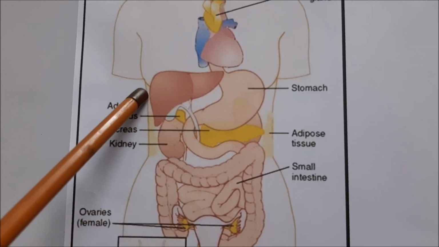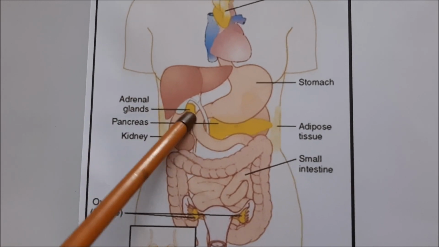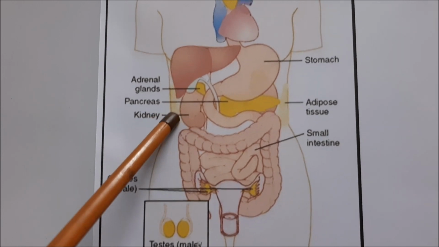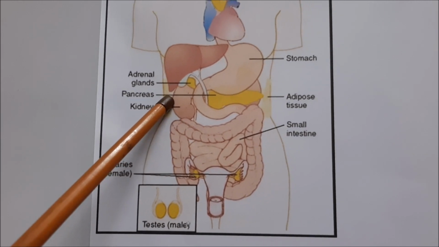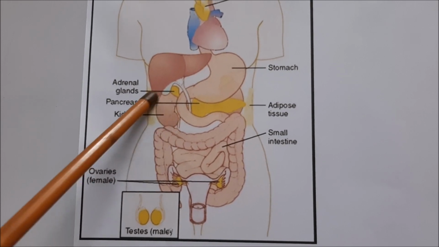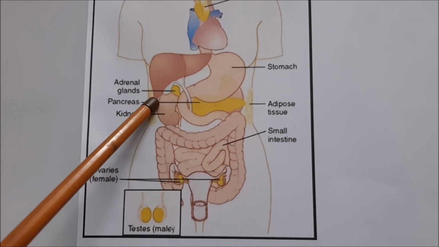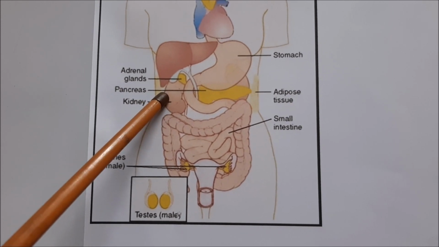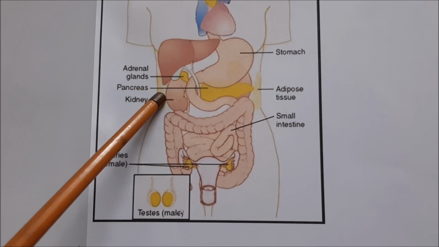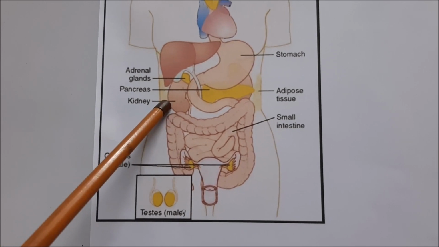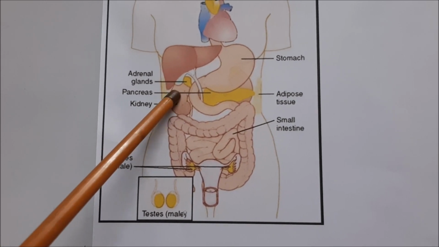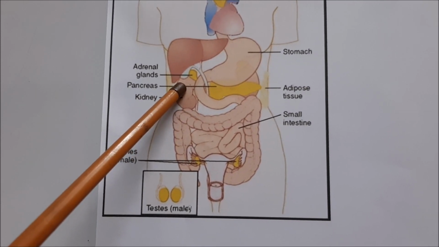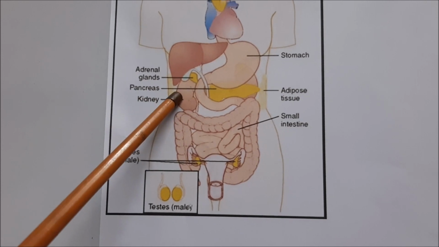Now come to the kidney. The kidney also secretes some hormones. One is renin. When the perfusion of the kidney is reduced, renin is released, and renin converts angiotensinogen to angiotensin 1. Then the kidney also releases 1,25-dihydroxycholecalciferol, which increases the absorption of calcium from the intestine.